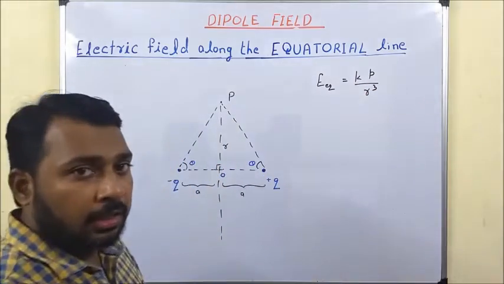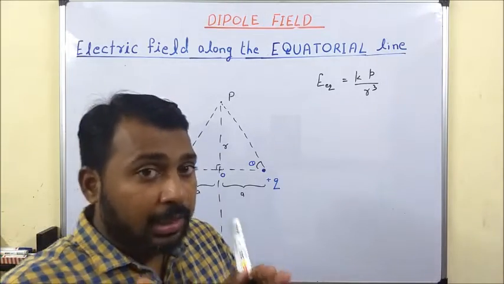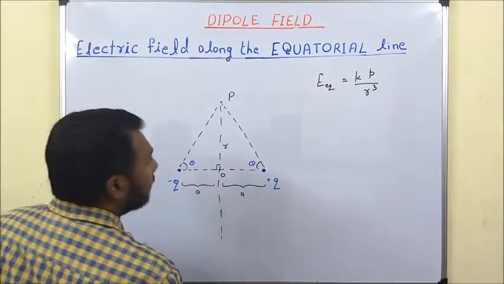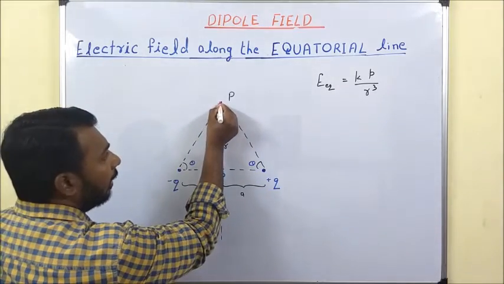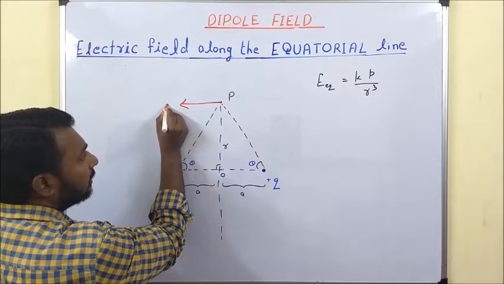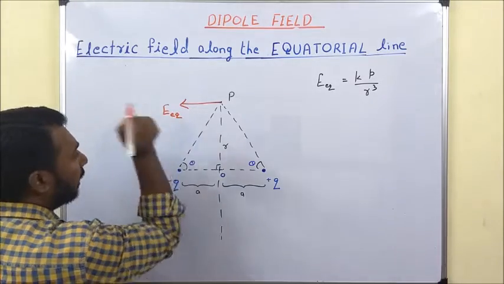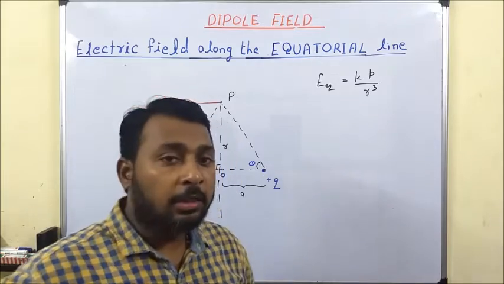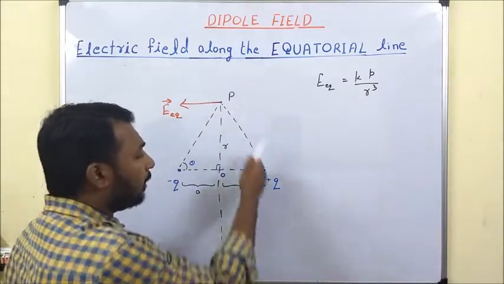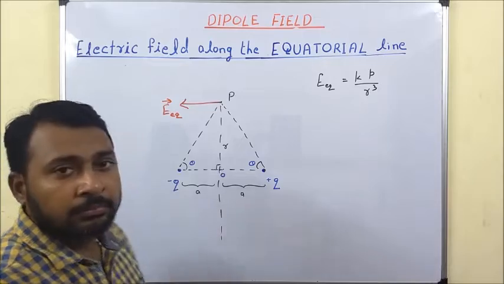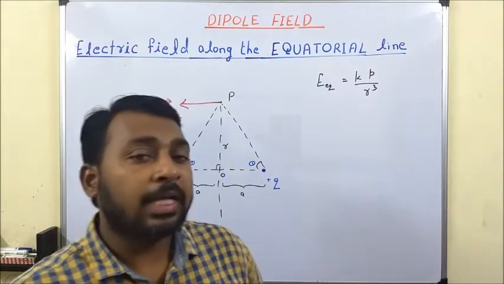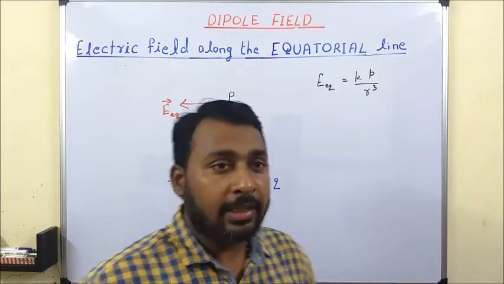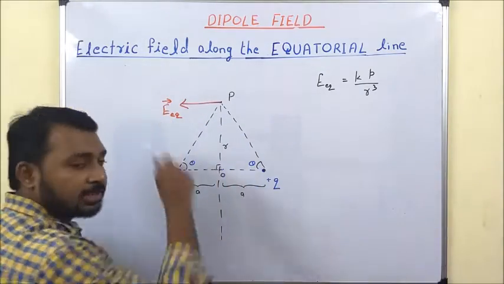And when you analyze the diagram, you will understand the direction of this electric field is along this. This is the net electric field direction, E equatorial. Because it's clear that there are two electric fields at this point P due to plus Q and minus Q. And when we resolve them, the sine components get cancelled and cos components get added. And then the final electric field will be along this direction.